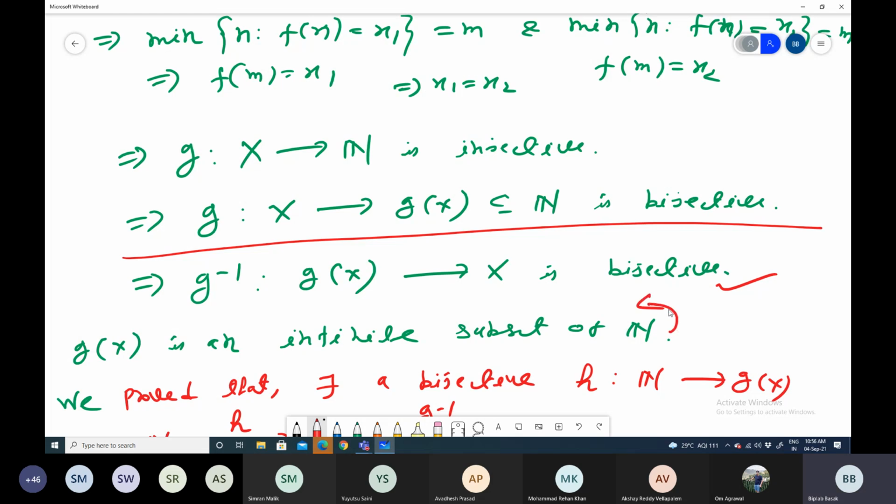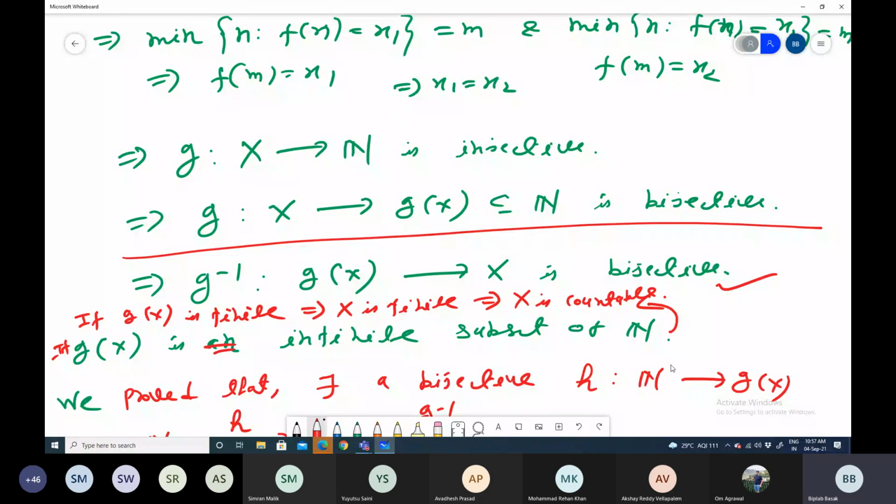So here we have another case actually. If g(X) is finite, that implies X is finite. Since it is a bijection, that implies X is countable. And now if g(X) is an infinite subset of N, then we already proved that.